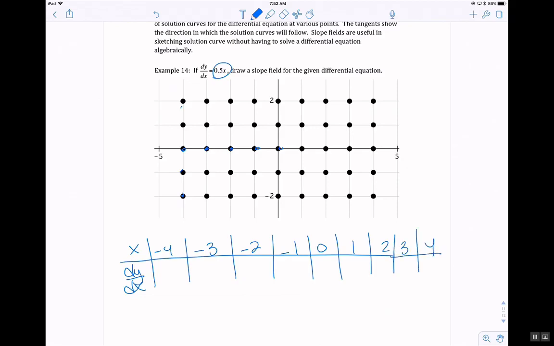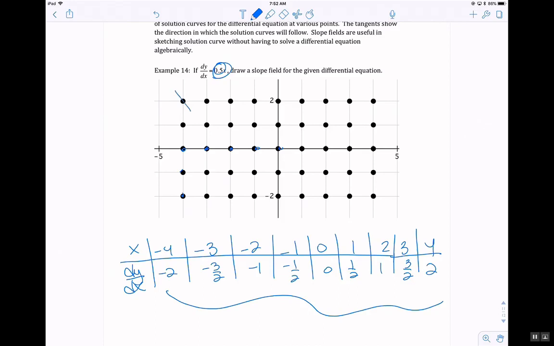And I'm plugging them into my derivative. So I'm taking my x value and I'm multiplying it by 0.5. So I get -2, -3/2, -1, -1/2, 0, 1/2, 1, 3/2, and 2. So now my slope field are many tangent lines of these slopes that are down here.